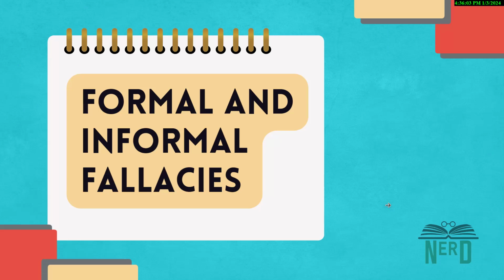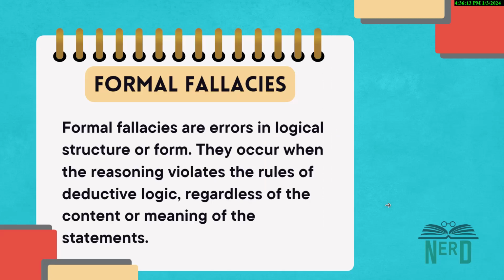And in the next session, we'll also talk about formal and informal fallacies. Every time you get one question, and mostly you get the question from where? The informal fallacy, usually. To understand the formal fallacy, it is an error in logical structure or form.